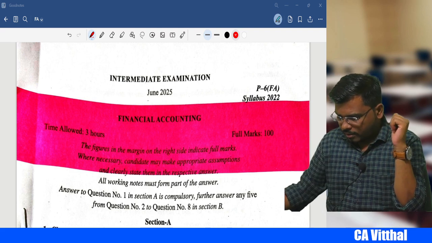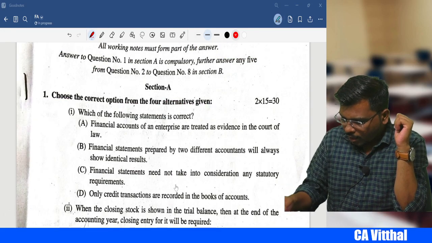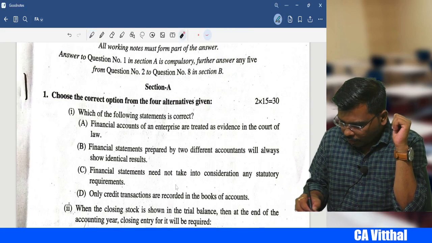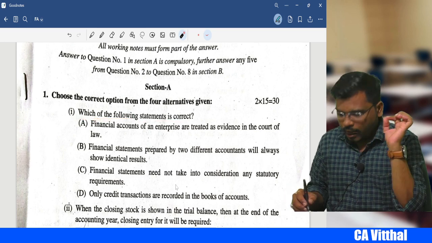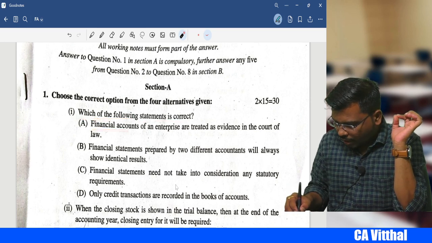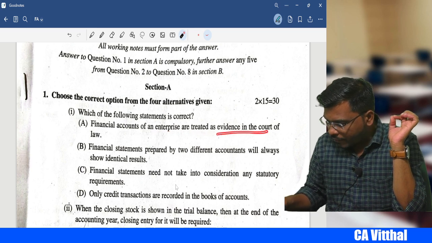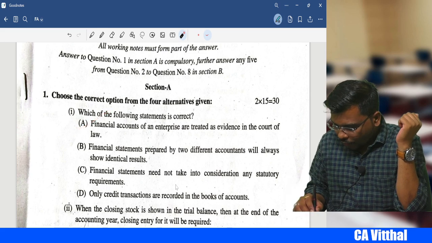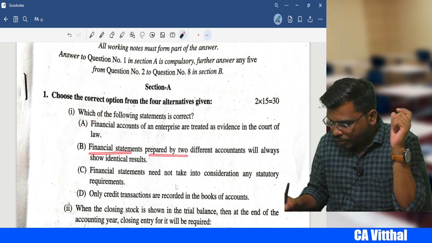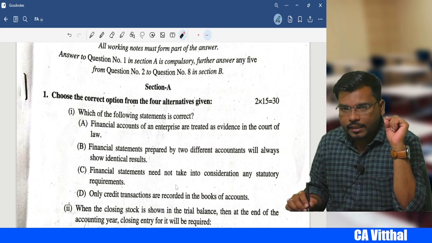So let's start. My dear students, question number 1: which of the following statements is correct? A. Financial accounts of an enterprise are treated as evidence in the court of law. Yes, this is correct. Financial statements prepared by two different accountants will always show identical results.